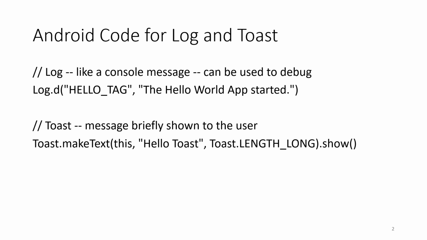And then the third thing is some length of time for the message to be displayed, and Toast has two standard constants that are lengths, a short one and a long one, so we're choosing here the long one. And then when we've made the text, it doesn't do us any good unless we dot and we actually show the text. So that is the code for displaying it.